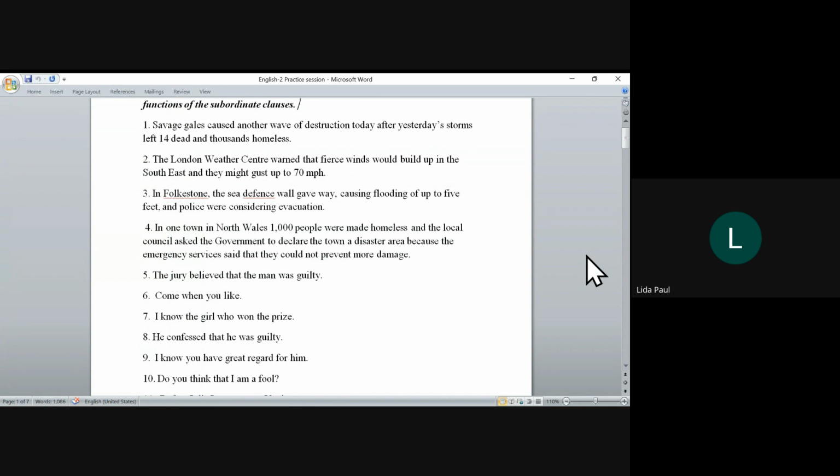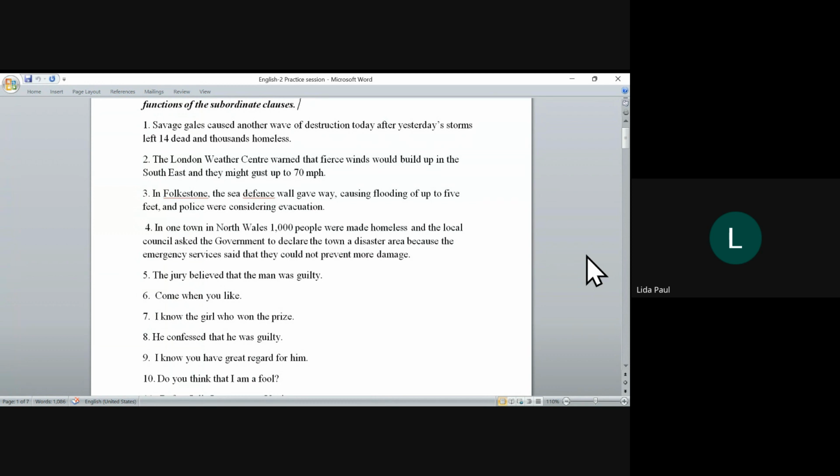Then another one is that they could not prevent more damage. So that they could not prevent more damage would be a noun clause because said what, right? It directly takes up the place of the object of the verb say. And because the emergency services, this is again what? Any clause that gives you a reason is basically an adverb clause. So two subordinate clauses in the fourth one. First one adverbial clause, the second one noun clause.